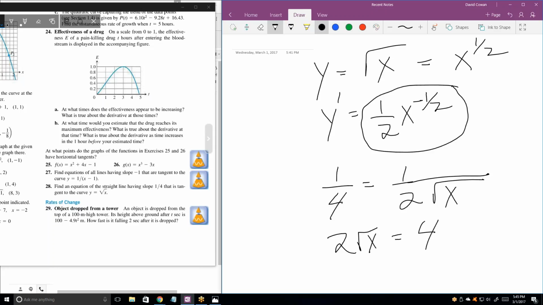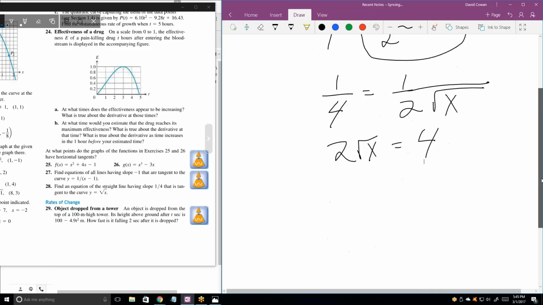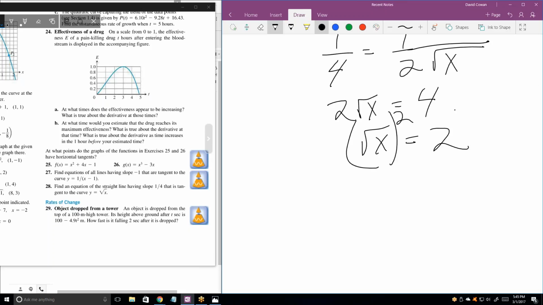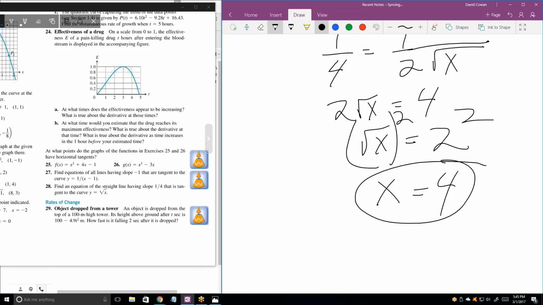Now I still don't want to square both sides yet. I want to get that square root of x isolated. That's it. So square root of x equals 2. Now I square both sides. So I get x equals 4. So right there is where the slope equals 1/4.